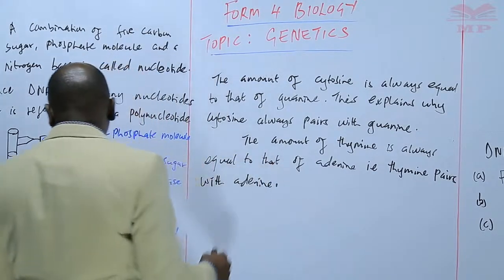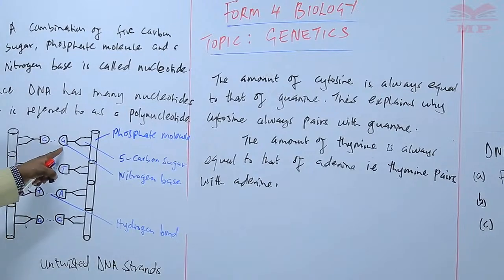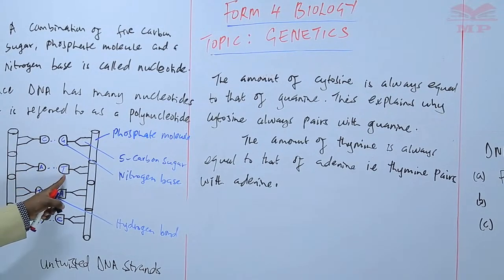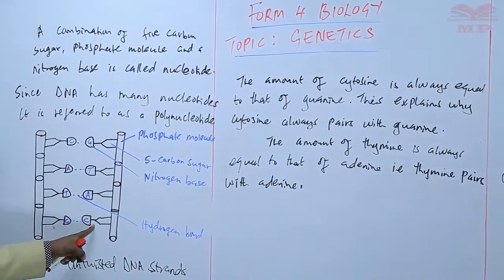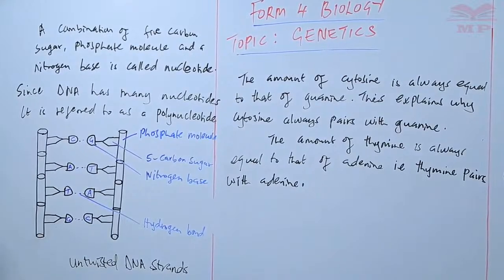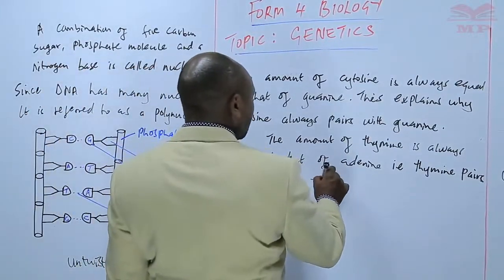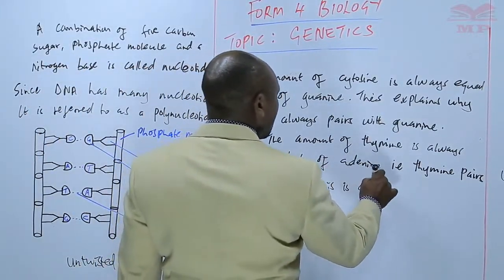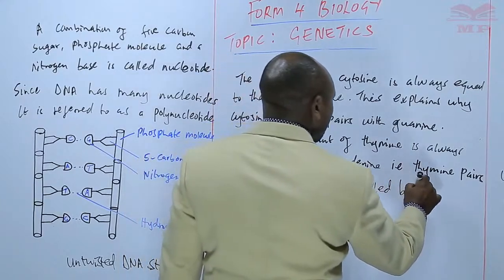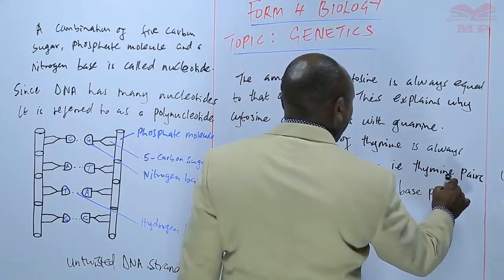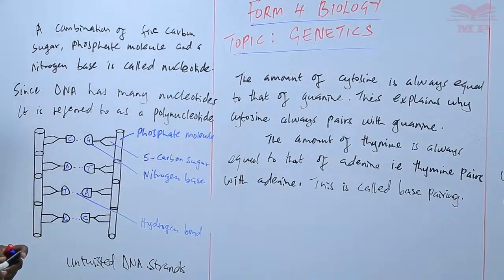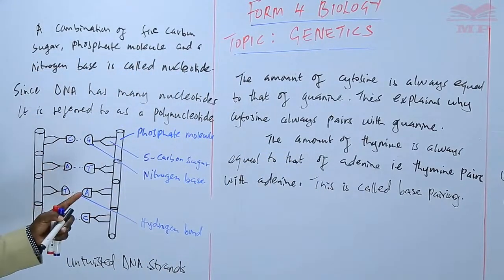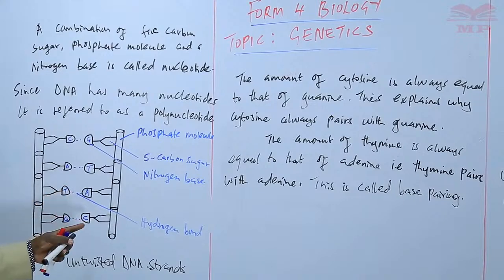So you can see here, cytosine is pairing with guanine because they are equal in amount. Adenine pairs with thymine. Thymine pairs with adenine. Guanine pairs with cytosine. The fact that adenine pairs with thymine and cytosine pairs with guanine is called base pairing.